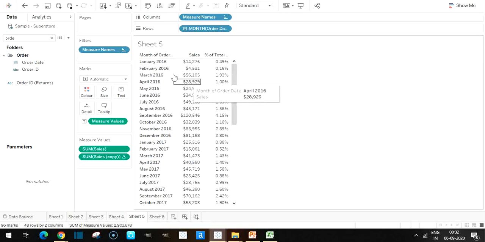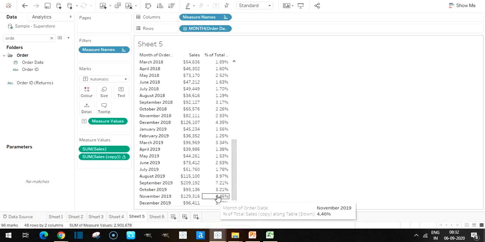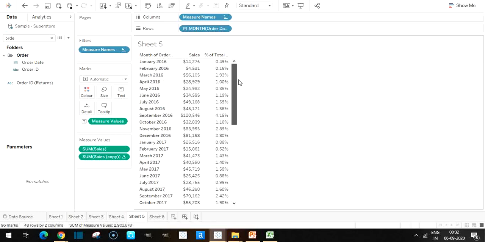Now that I did percentage of total, I'm able to see how much each individual month has contributed to my total overall sales, right from the beginning up to December 2019. It is showing each single month in the overall business. So I can see January overall sales is 0.49%, February is 0.16%, and so on.